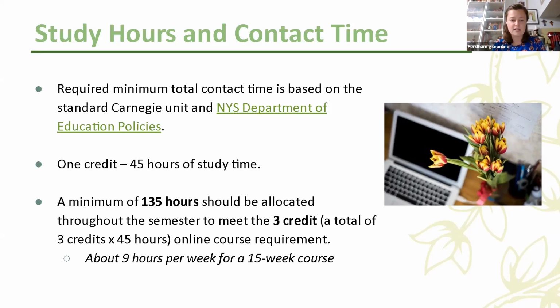So for a 3-credit course, a minimum of 135 hours should be allocated throughout the semester to meet the requirements. So you should think about 9 hours of study time or sitting time per week for a 15-hour course. Okay, so that would include readings, writing assignments, viewing lectures, etc.